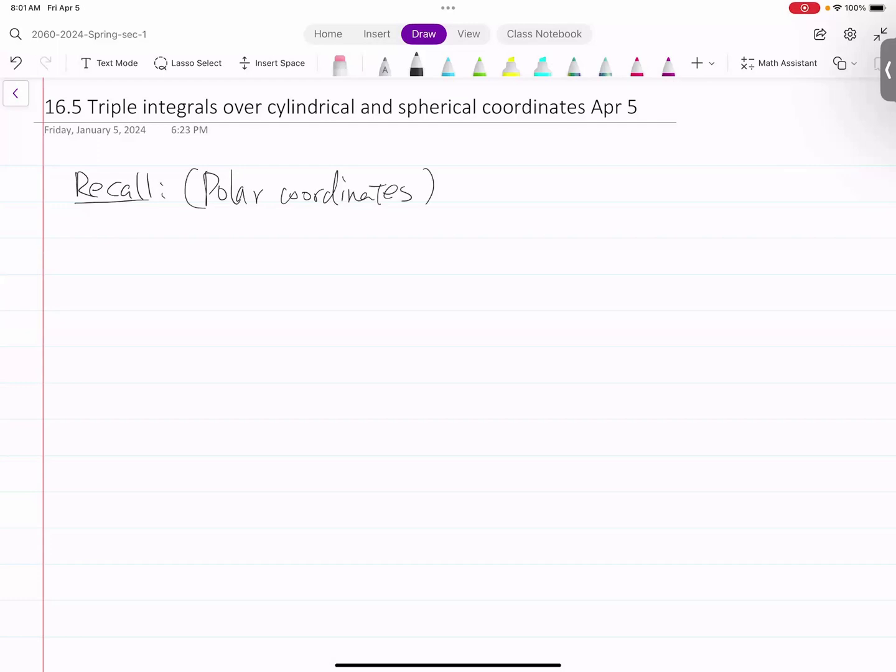Basically, in the XY plane, we have the translation from the XY plane to the r-theta plane. We have x equal to r cosine theta, and y equal to r sine theta. The way we translate the variables is that x squared plus y squared equals r squared.